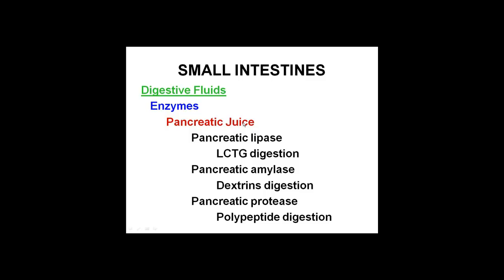It's going to produce what's called pancreatic juice, and it has all three of the different enzymes. It has lipase in it, amylase in it, protease in it. Lipases break down lipids. In this case, it's going to start working on the long-chain triglycerides. The long-chain triglycerides do not get started digestion until the small intestine. And they actually don't finish.